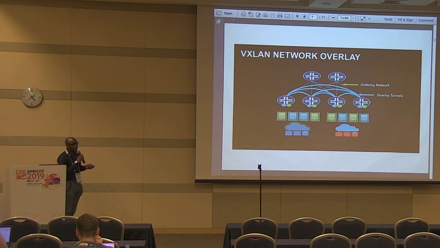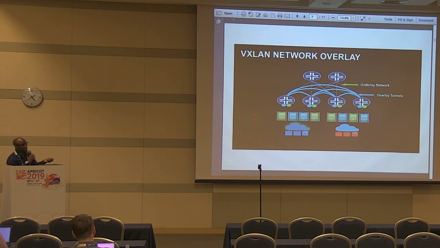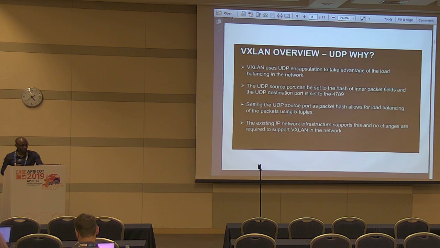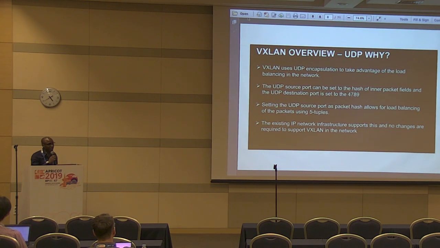So that carries signals transparently between your VTEPs. Your VTEPs in this case could be these live devices. Vxlan uses UDP port 4789, and what that gives us is the ability to use that as an entropy for traffic load balancing.